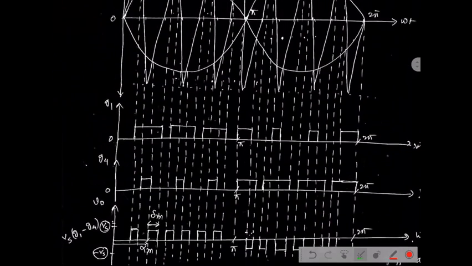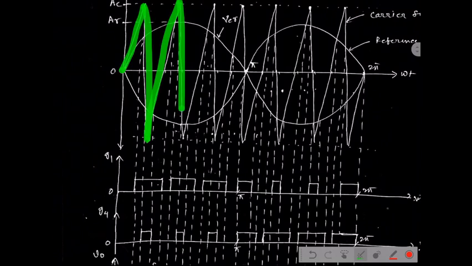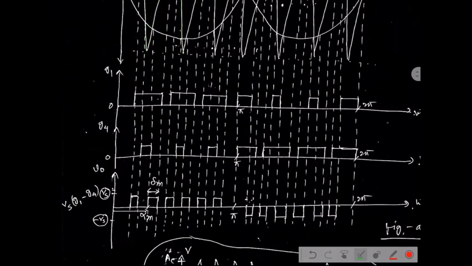So see, in this particular case, as we are using the bidirectional carrier signal, suppose when G1 stops working, then G4 starts working.